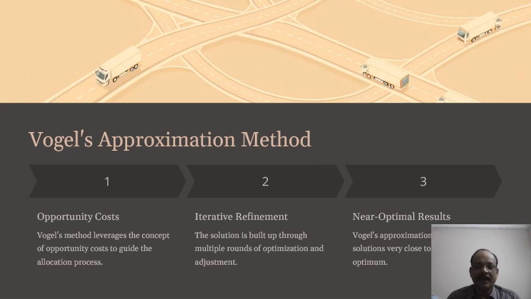That's why Vogel's approximation method is the best among these. The solution is built up through multiple rounds of optimization and adjustments, and sometimes that itself is the optimum solution, or otherwise very close to the optimum solution.